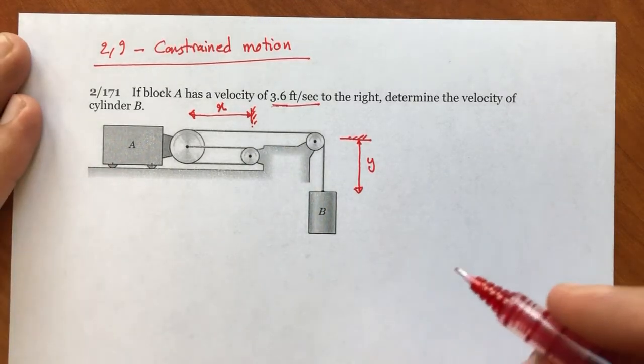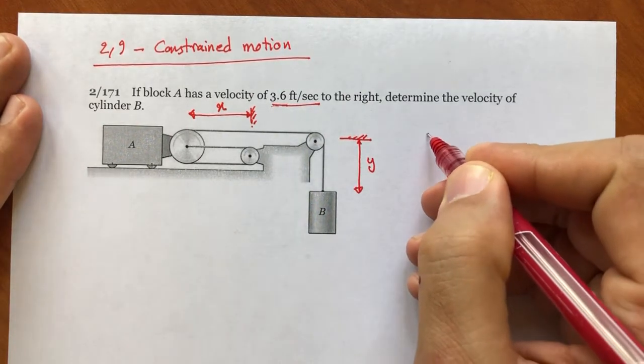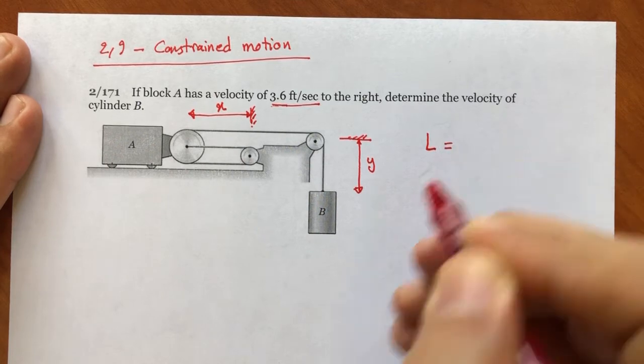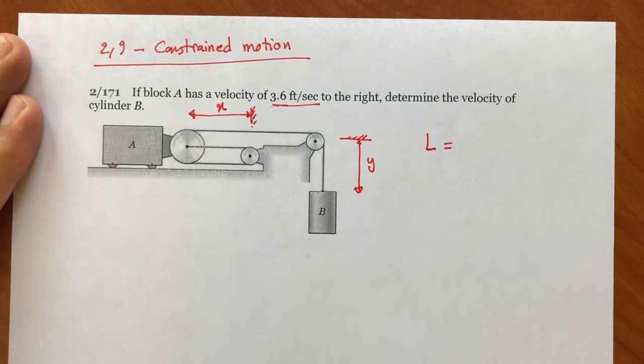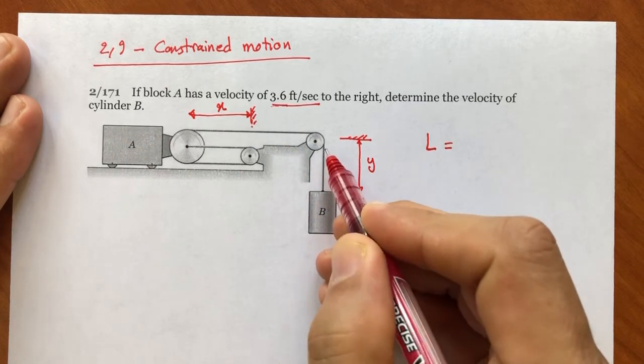So we need to write down that constraint. The length of the cable in this problem is going to be equal to Y from here to here.